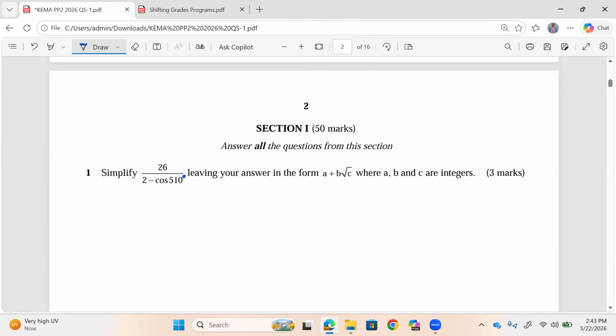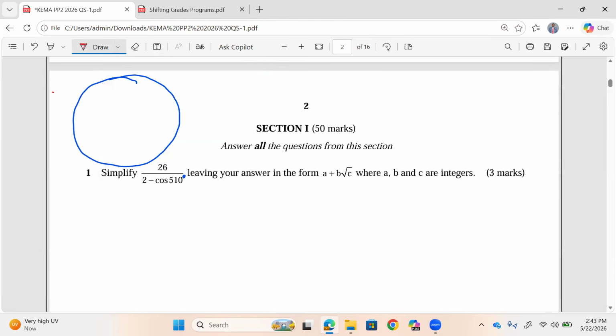Now, it's good we analyze this information, and I'll begin from the unit circle. With the unit circle, we shall be able to know the acute angle which corresponds to 510. So the y-axis, the x-axis, then I have the first quadrant, the second quadrant, the third quadrant, and the fourth quadrant.